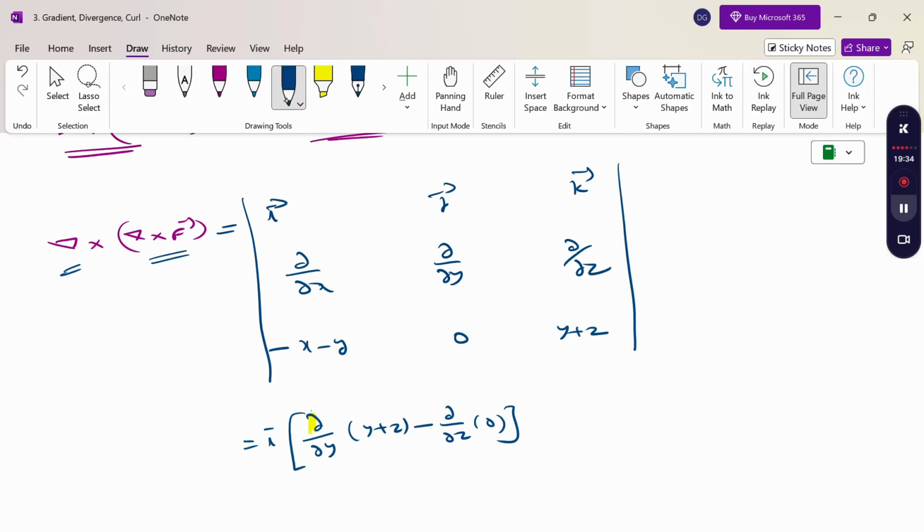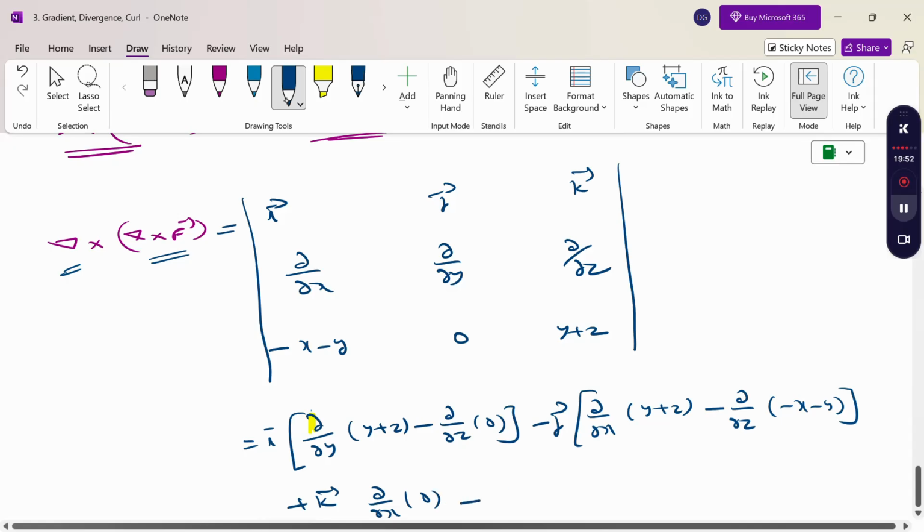Then the next term, minus j, leaving this column and row: ∂/∂x of (y + z) minus ∂/∂z of (−x − y), and plus k vector: ∂/∂x of 0 minus ∂/∂y of (−x − y).